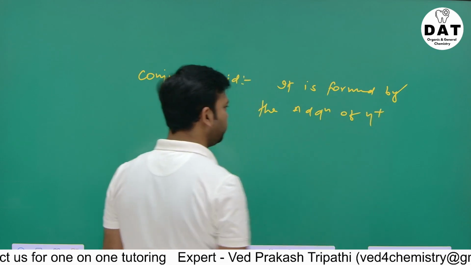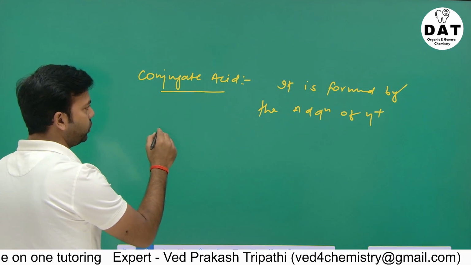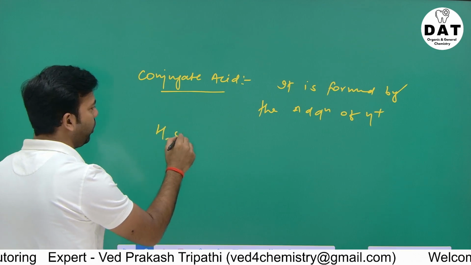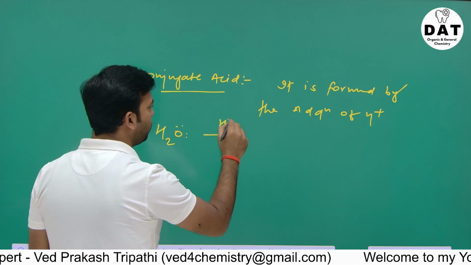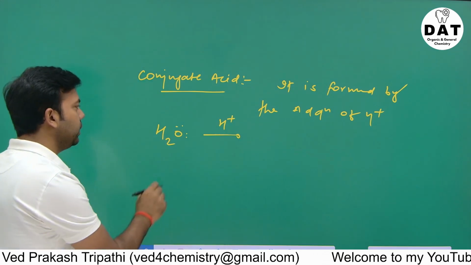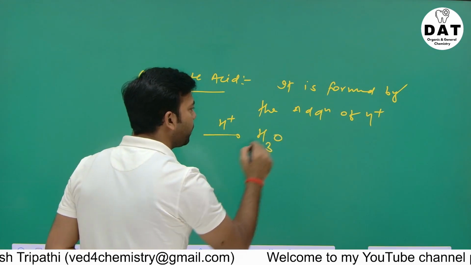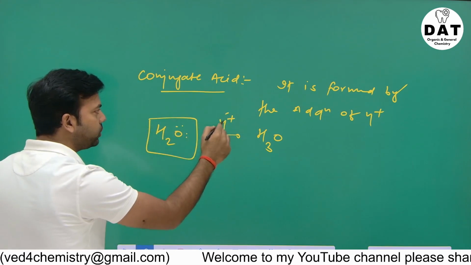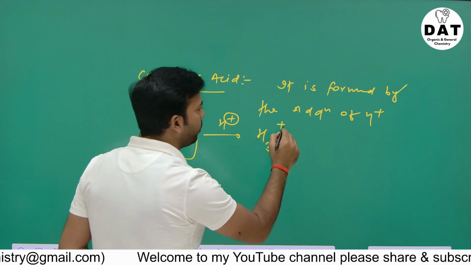Clear? In this way. Suppose you have an H2O molecule. If you add a proton here, you have 2 hydrogens, so here we have H3O. Now H2O is neutral and you have a positive charge. Clear? So you still have a positive charge in the product.